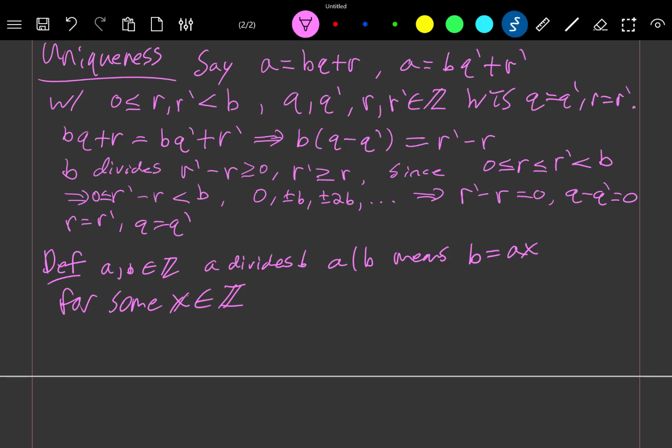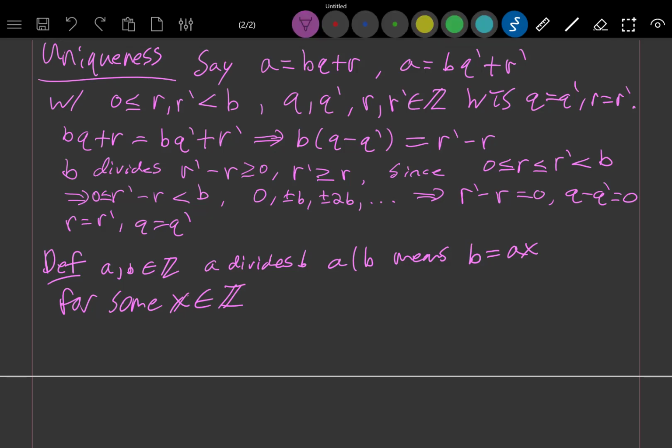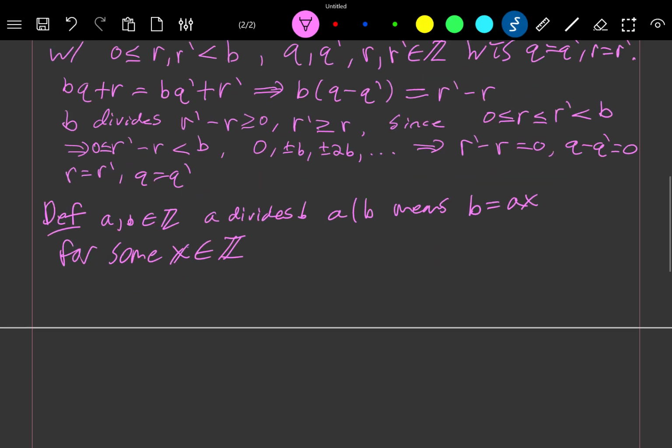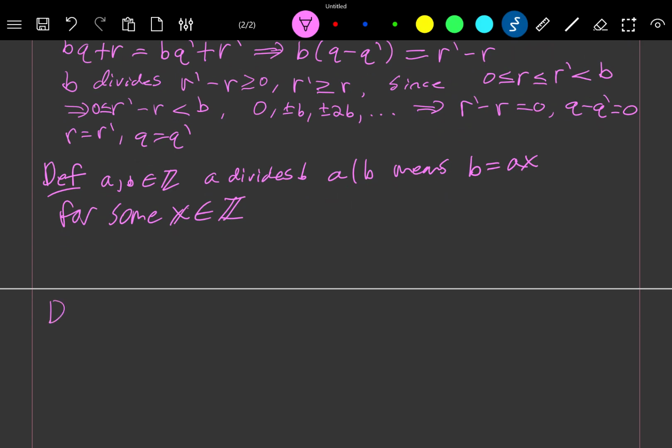Alright, so we have the division algorithm, and now we can talk about divisors, or greatest common divisors. So given a and b integers, the greatest common divisor of a and b is the largest element c, such that c divides a and c divides b.